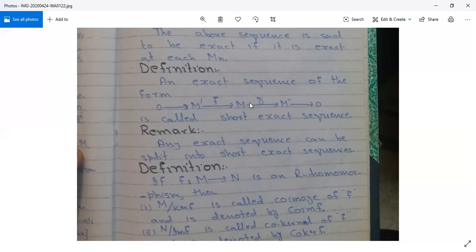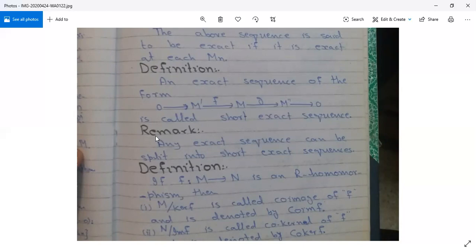O approaches M dash, and M dash approaches M, and we define two functions, F between M dash and M, and G between M and M double dash. This type of sequence is called a short exact sequence.